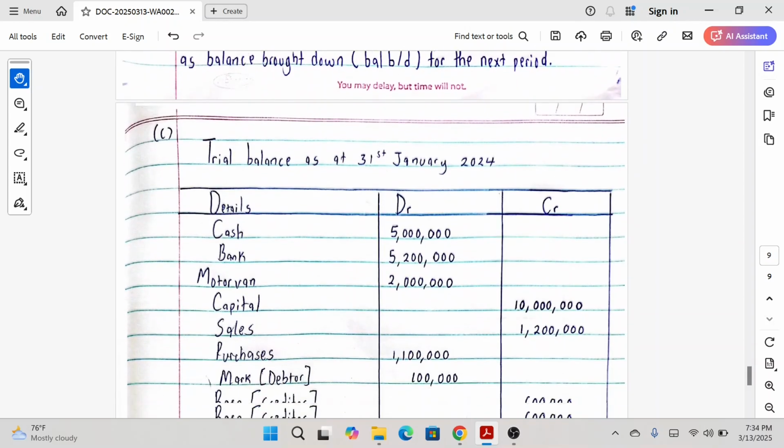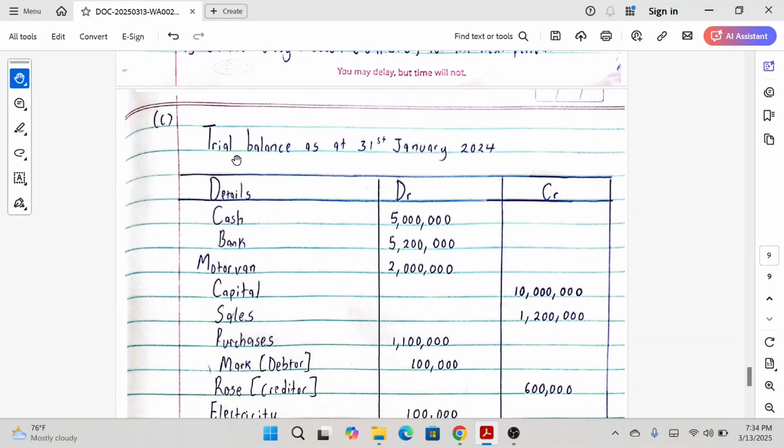So you can see your trial balance. You can give it a title, trial balance as at 31st Jan 2024. So we're having the details, debit side and the credit side. You can decide to put your shillings, US dollars, depending on whatever currency they have given you, in which these amounts were.